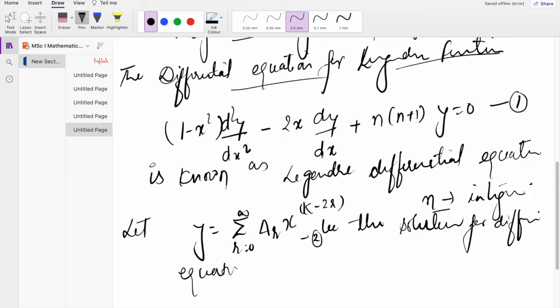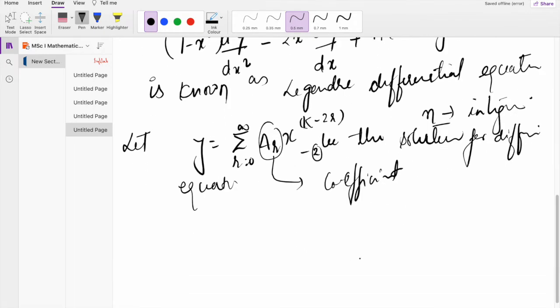To know the exact solution for this differential equation, we have assumed a solution y, which is equal to summation r tends to 0 to infinity ar, where ar is some coefficient, x to the power k minus 2r.